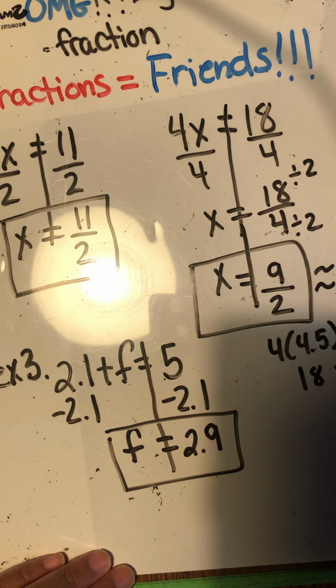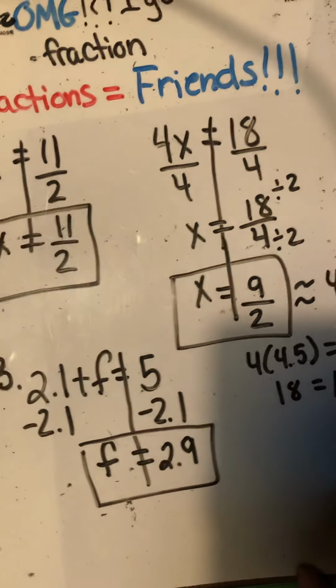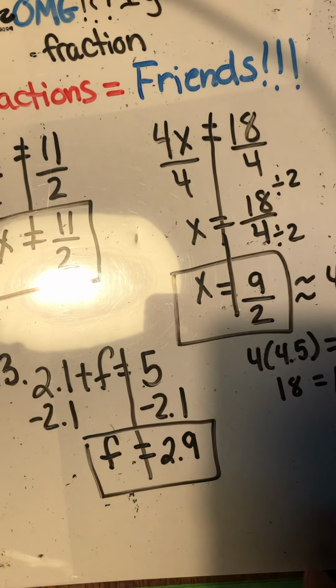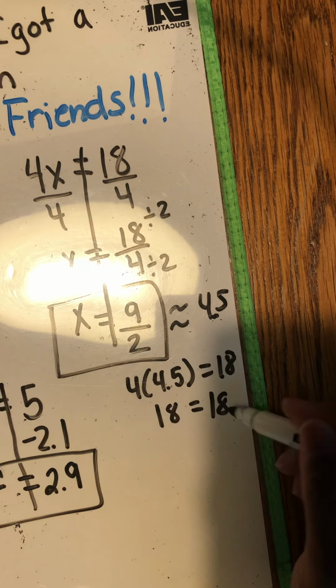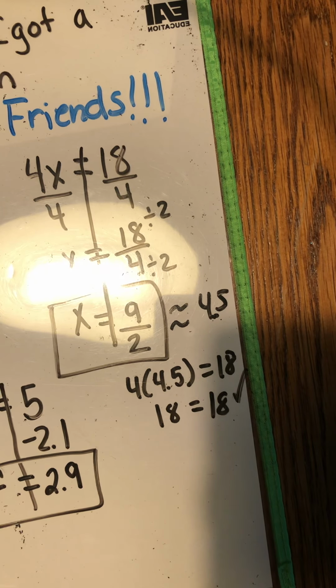I'm going to notice that my left side and my right side are going to be equivalent. Then you can use a decimal as your checking step. But otherwise, fractions are going to be our friends this year. Get used to them.